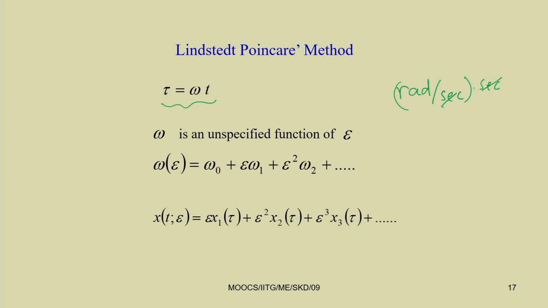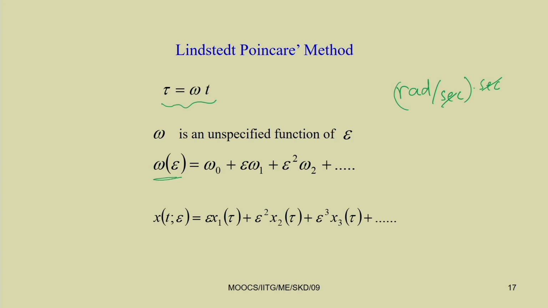By using a non-dimensional time tau, let us write tau equal to omega t. Here you just note that omega is an unspecified function of epsilon. So, now we can write this omega as a parameter of epsilon.